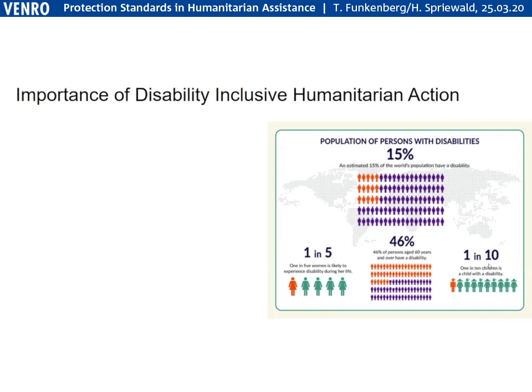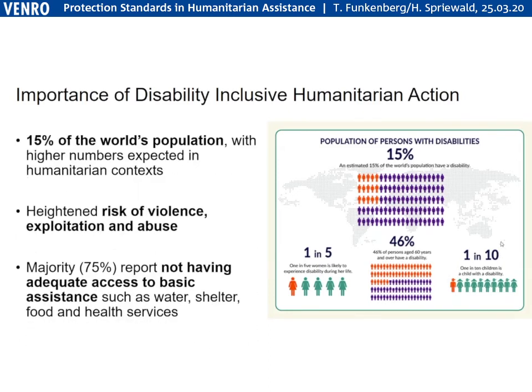Those general estimations for the global world's population, we expect them to be worsened in a humanitarian context. We see data now that in a humanitarian context, especially a context of war or human-made conflicts, the prevalence of persons with disability is rising up to 25-29%, from recent data from Syria, for example.